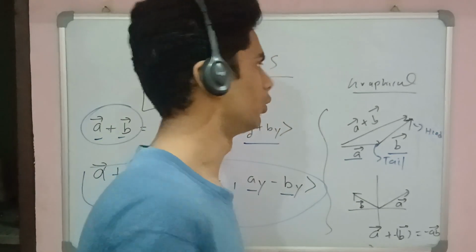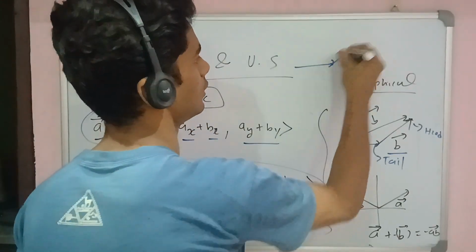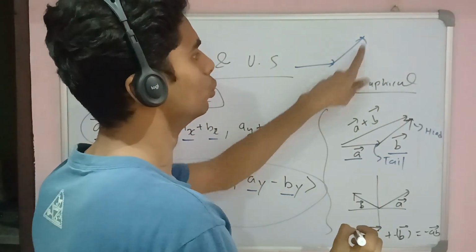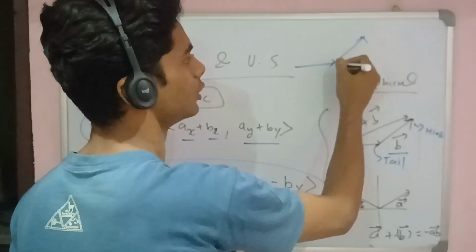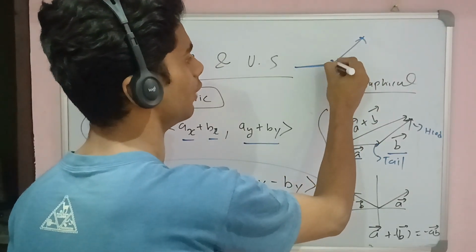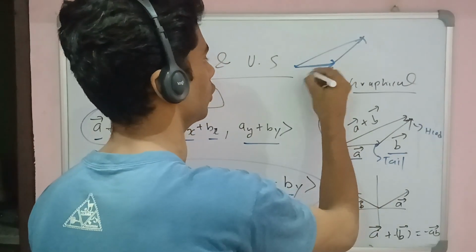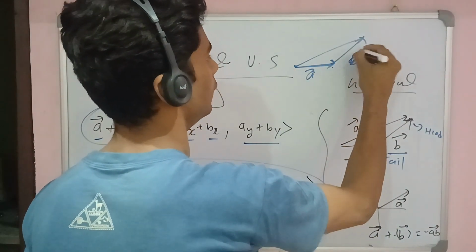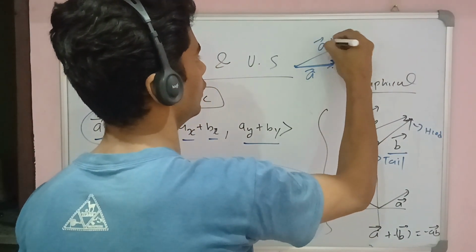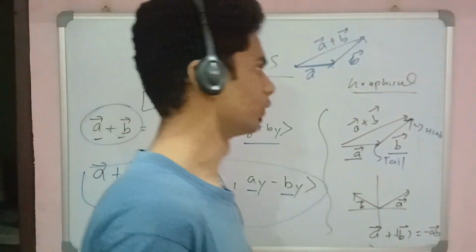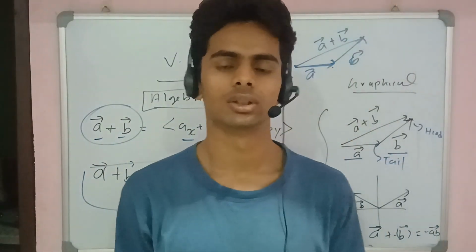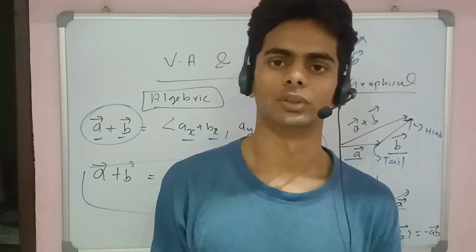This is the head-to-tail method. Now this is the tail of this particular vector, and the other vector is connected to this tail, so you can add these vectors. Suppose this one is a and this one is b, so a plus b. That's the graphical method you can use to add vectors.